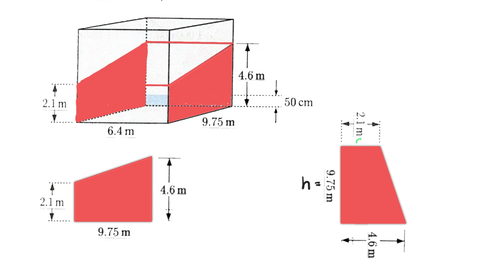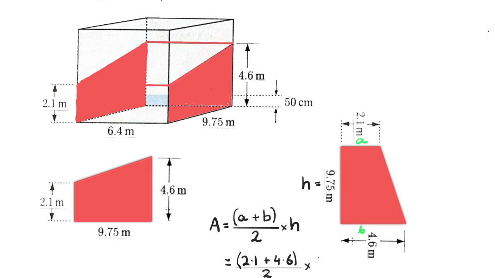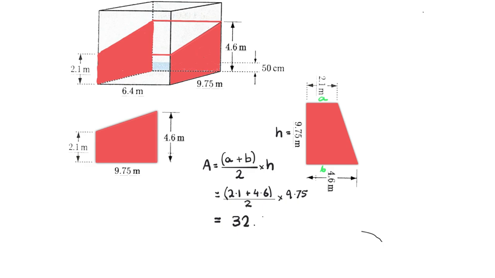And we'll call the top side A and the bottom side B. And since the area of trapezium is equal to (A plus B) over 2 multiplied by its height, we can substitute these in and say that (2.1 plus 4.6) divided by 2 multiplied by height, which is 9.75, is equal to 32.66 meters squared.